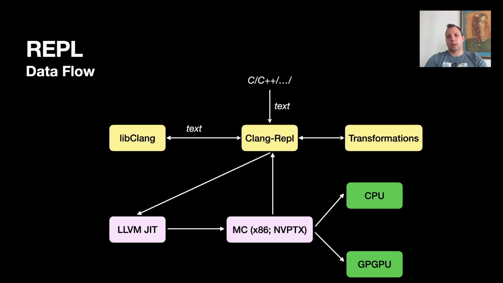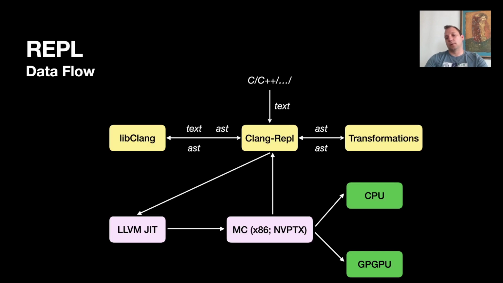Then we used Clang as a library or Clang as a service to process that text, and we got an AST back. Then, we didn't show that in the example, but in some cases we need some transformations on this AST. One very notable example is when we want to print results or when we want to deal with CUDA code.